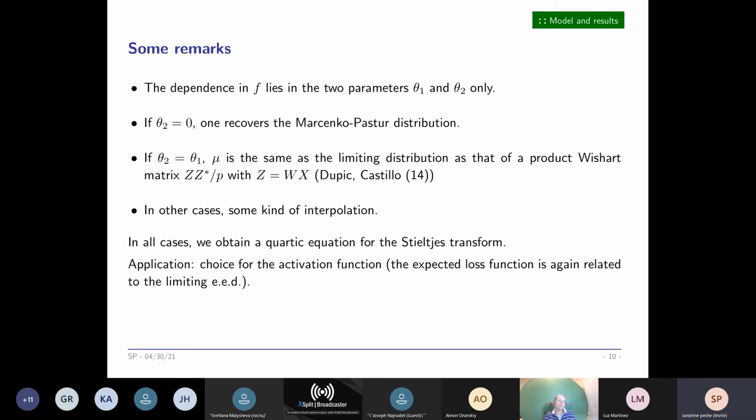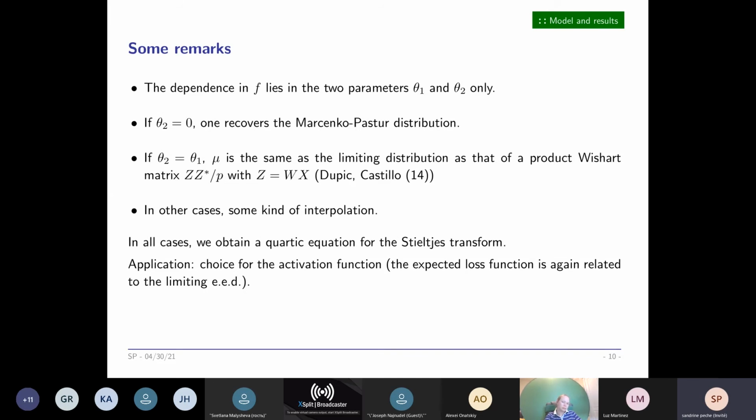Another remark is about special cases for the limiting distribution mu f. So if theta 2 is equal to 0, the distribution mu f is simply the Marchenko-Pastur distribution. And if, on the contrary, theta 2 is equal to theta 1, mu f is this time the same as the limiting distribution of a product Wishart matrix. So actually one can show that if theta 2 is equal to theta 1, f is linear.